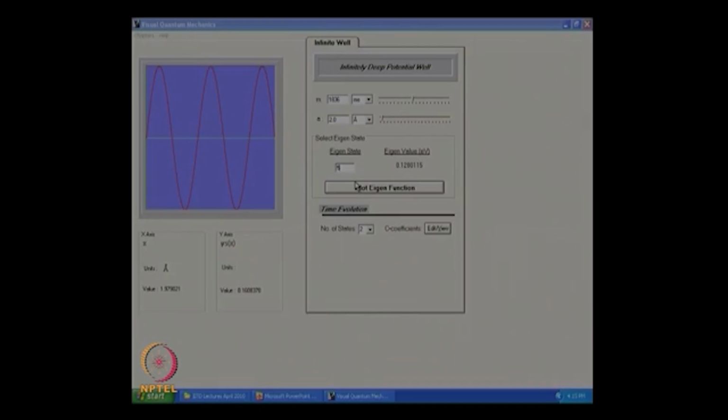Now, I suppose a time dependent wave. Let me take a simpler thing. Let me take C 1 is equal to 1 and this I put 0 and C 2 is equal to 1.